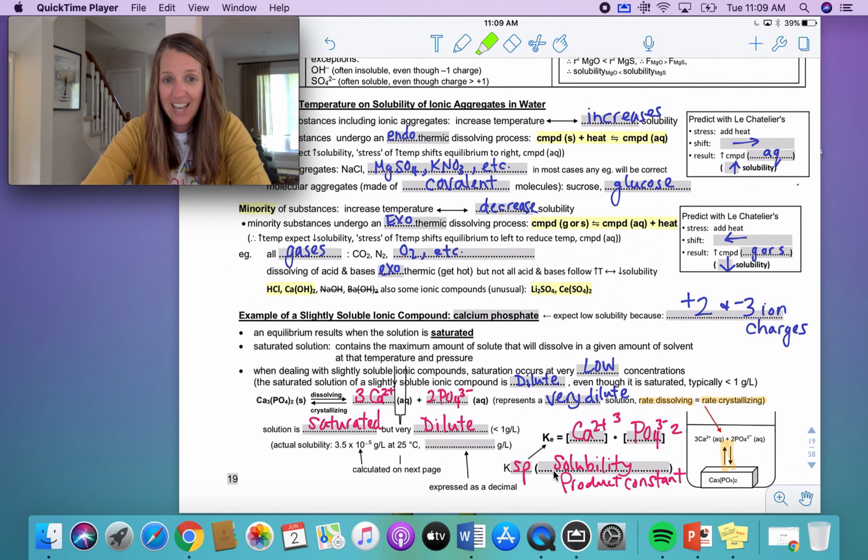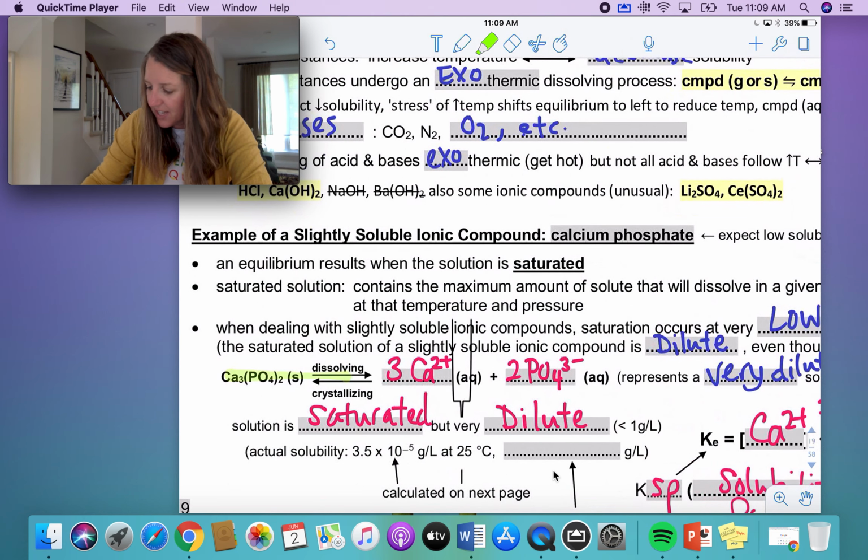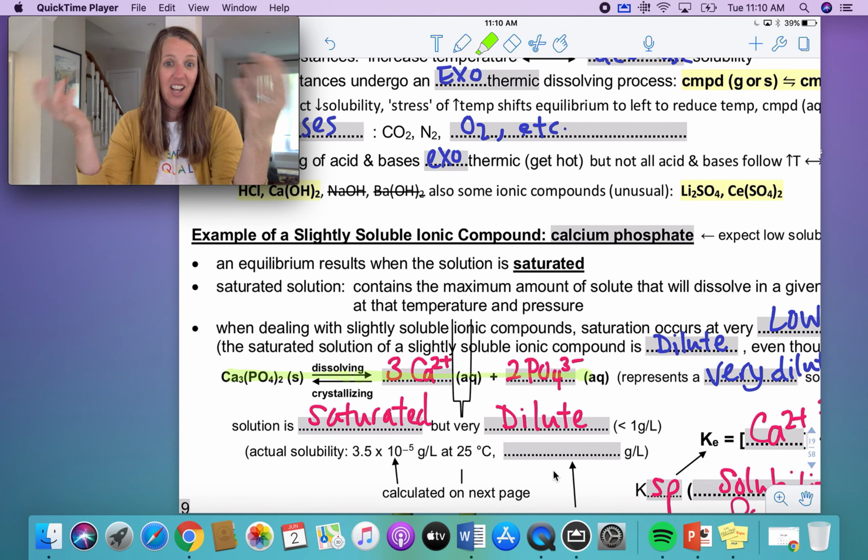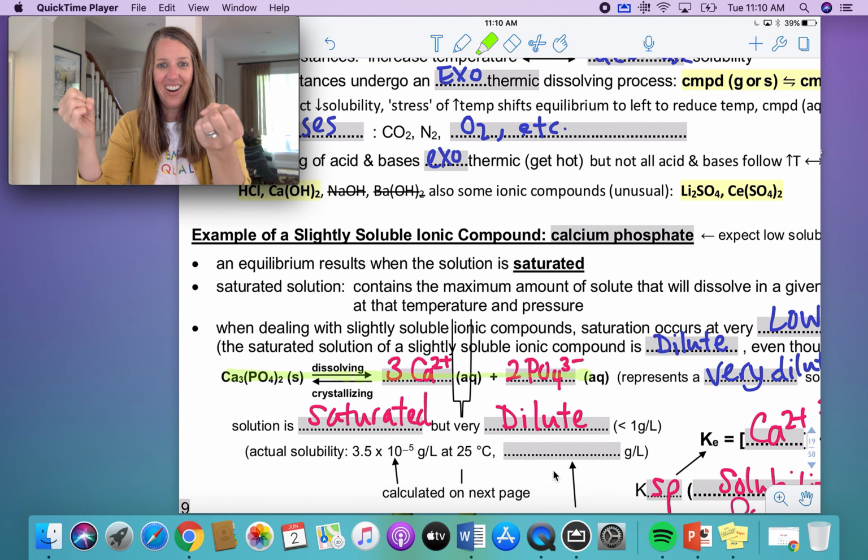So how are you going to calculate that? Well, if you've got an expression that looks like this with our calcium phosphate, it sets up an equilibrium. For every 1 calcium phosphate, you have 3 calcium 2 plus ions and 2 phosphate ions. They're fairly large, right? They have big charges, so therefore they have a strong bond.